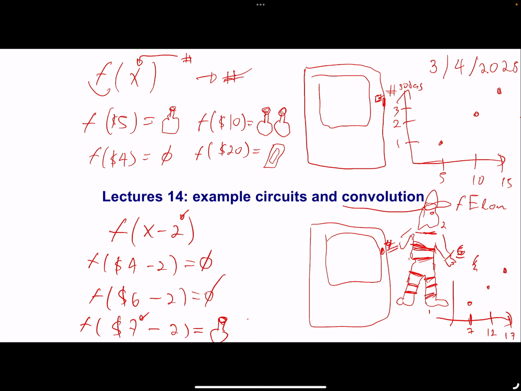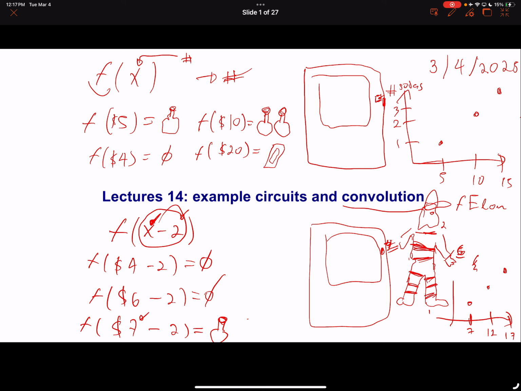So basically, when you think of these arguments, what you input is the x, and there could be some other operations. For example, let's say instead of having a felon here, let's say you have Santa Claus.